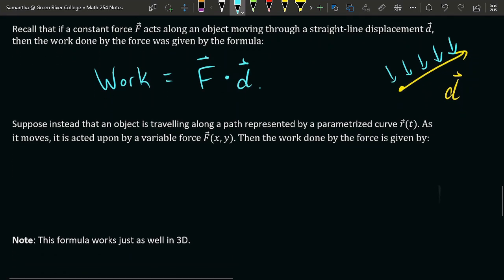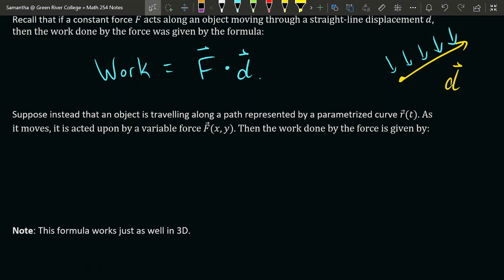Now, suppose that the object is not moving in a straight line. Suppose that the path of the object is curved. Or suppose that the force that is acting on the object at any different location can be different in direction and magnitude depending on where this object is in its journey.